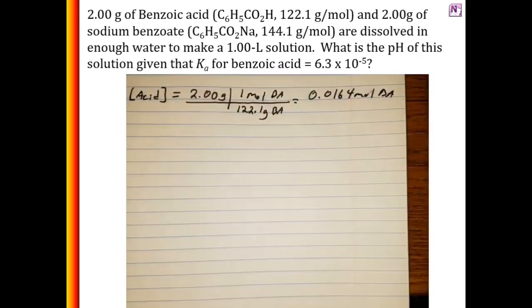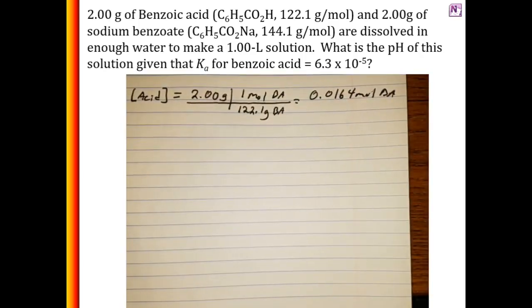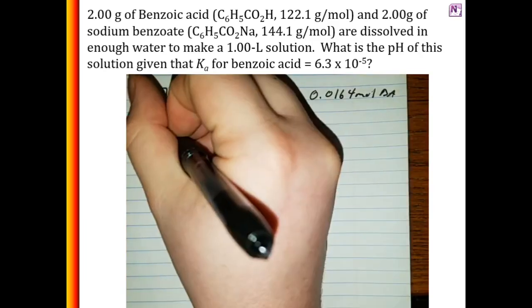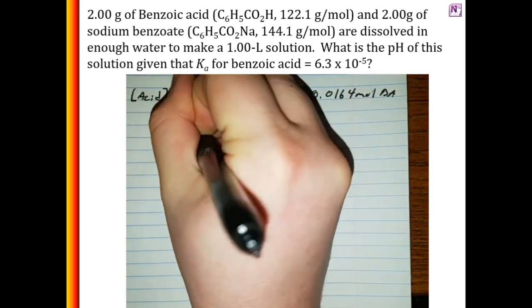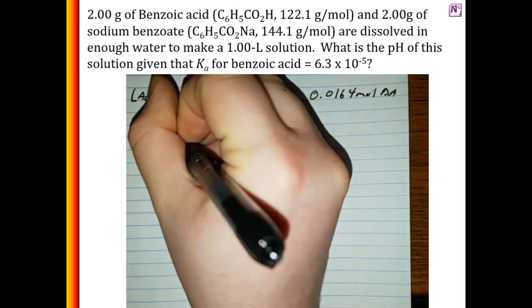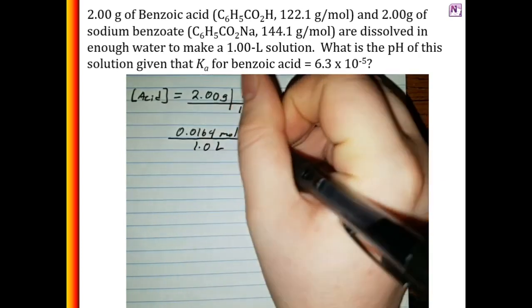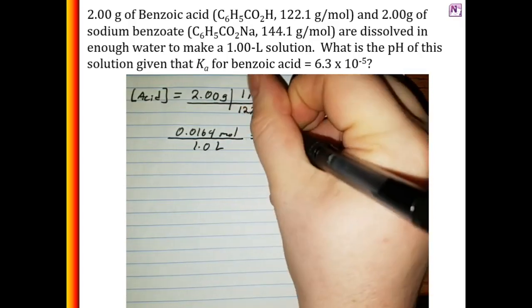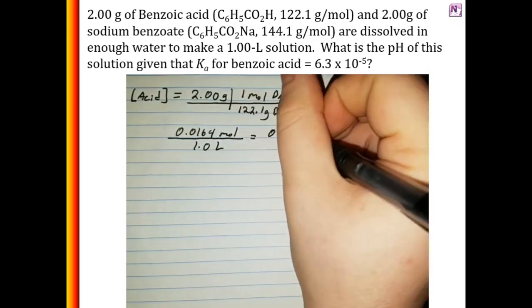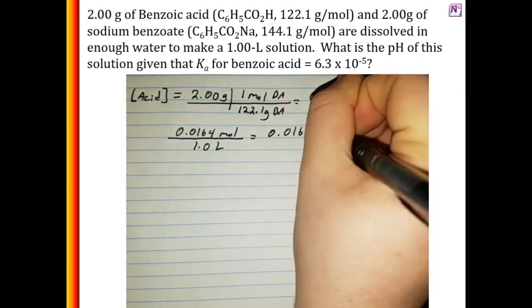Okay, now I need to do the same for the base. Well, let's convert to molarity first. Okay, so here we have 0.0164 moles. They gave us a volume of 1.0 liters, so it just so happens to turn out that this is also 0.0164 molarity, and that's for HA or BA, however you want to look at it.